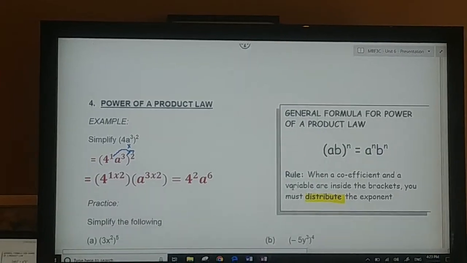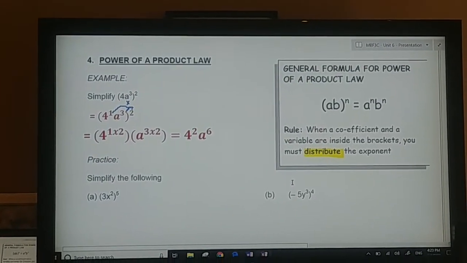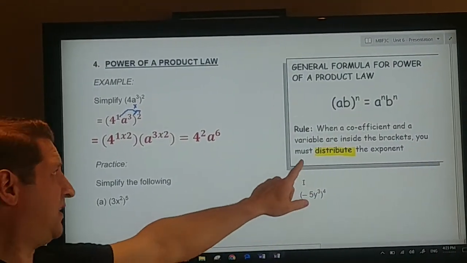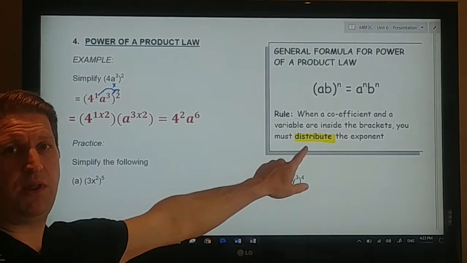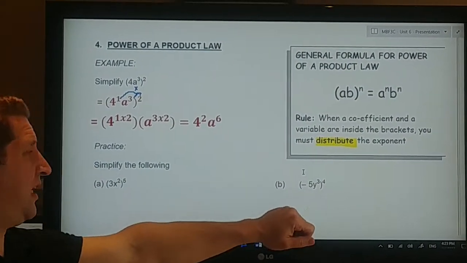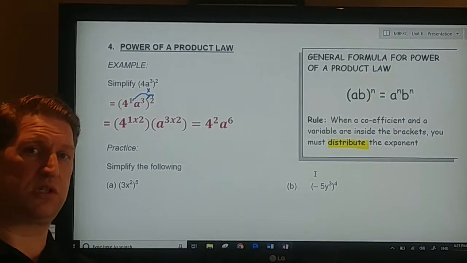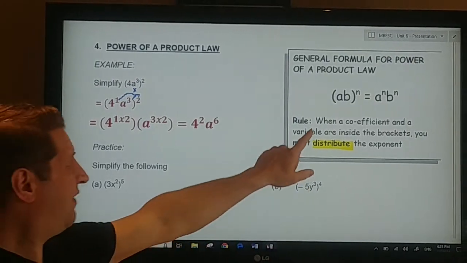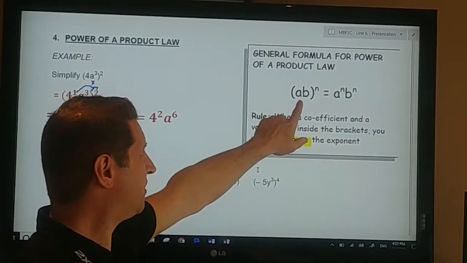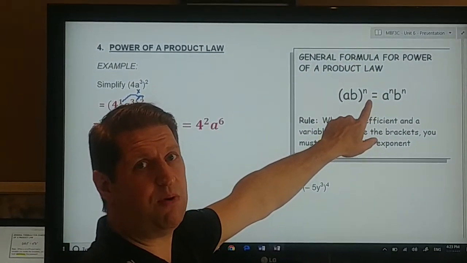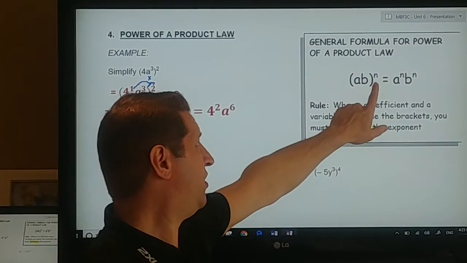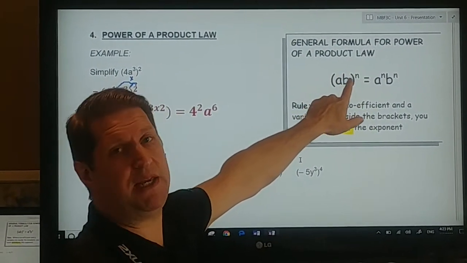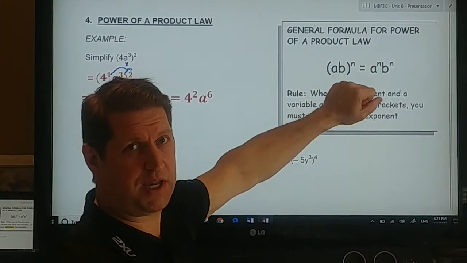The last rule we're going to talk about today is called the power of a product law. But for many teachers, they just refer to it as the distributive property with exponents. Because essentially, it's the same rule we just saw. It's to a power, which means multiplication, but we have multiple parts within our bracket that we must distribute this power to. So that n has to go to the a, but it also has to go to the b, and in both cases it becomes multiplication.